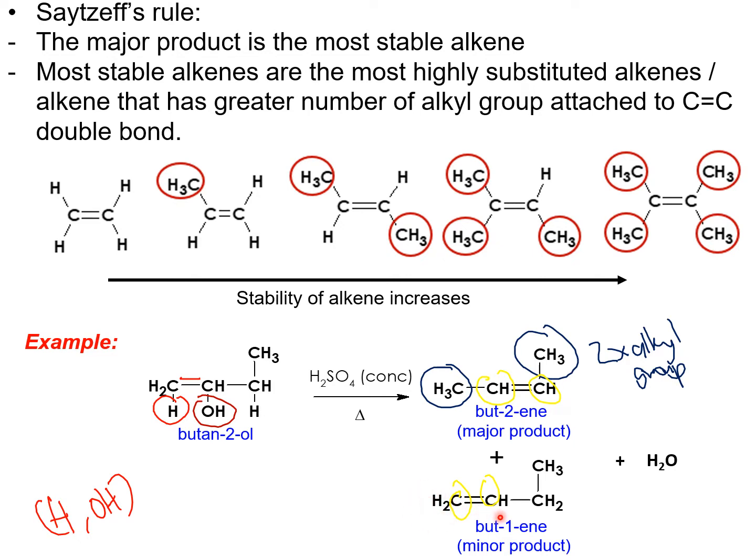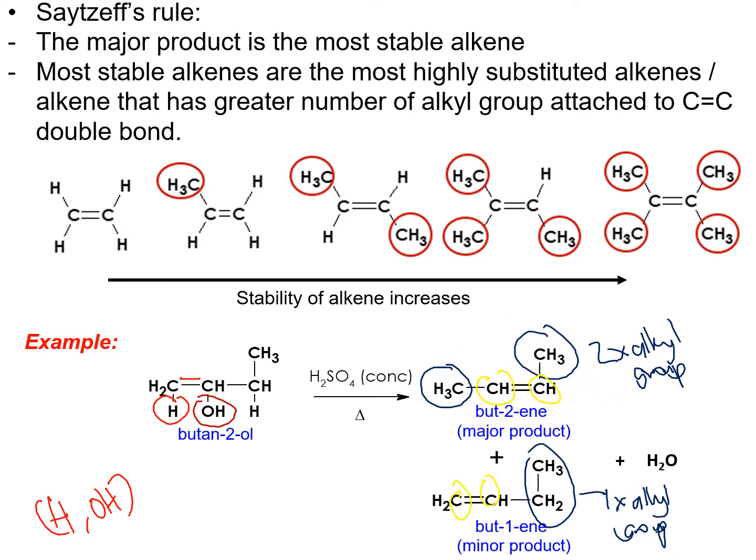Kalau tengok dekat carbon belah kanan pula, dia melekat dengan satu hydrogen atom, lepas tu satu lagi alkyl, CH2CH3. Okay, so dia hanya ada satu kali alkyl group. CH2CH3 is alkyl group ethyl. Okay, so kat sini ada dua alkyl group, sini ada satu alkyl group. Obviously this one is the most stable alkene. So this one will be the major product.